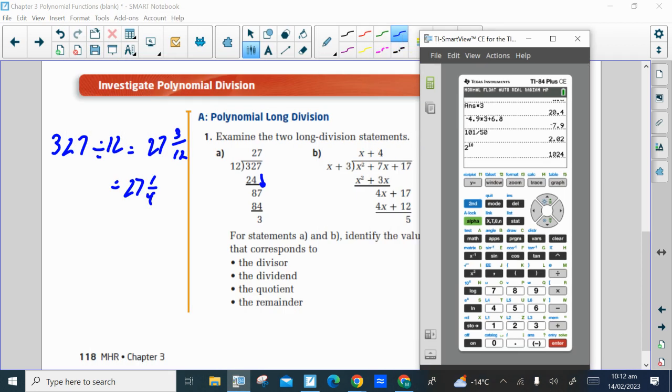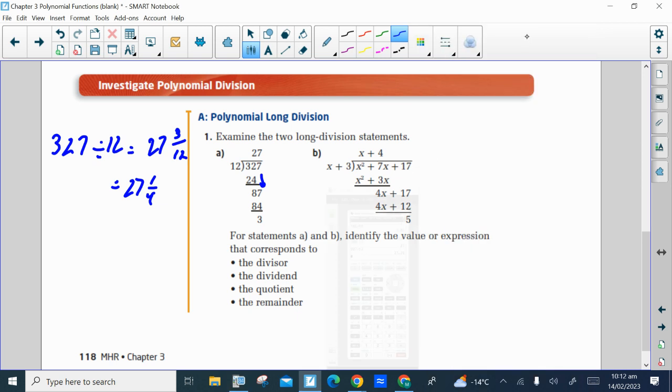Just to show that that is true, if we take 327 and divide by 12, we get 27.25. So that just shows you that this relationship that I wrote, 27 and 3/12, the remainder is 3 divided by 12, what you originally divided into the 327, is in fact 27.25. It just shows that that relationship is correct.